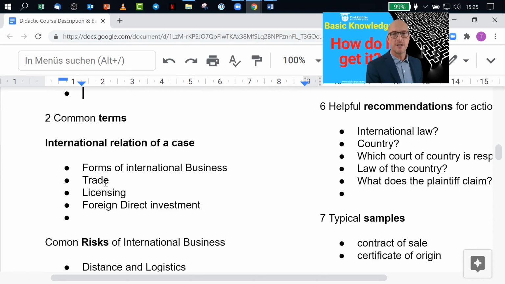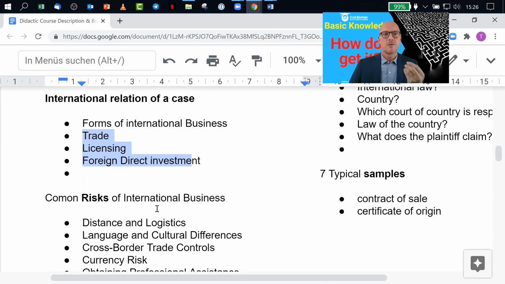If you have the book from Schaffer, for example, you will find in part 1, the legal environment of international business, the forms of international trade. It's very important in the beginning that you find out, is this a case with focus on trade, on licensing, or on foreign direct investment? Because in each of these forms, you have different rules that are important.